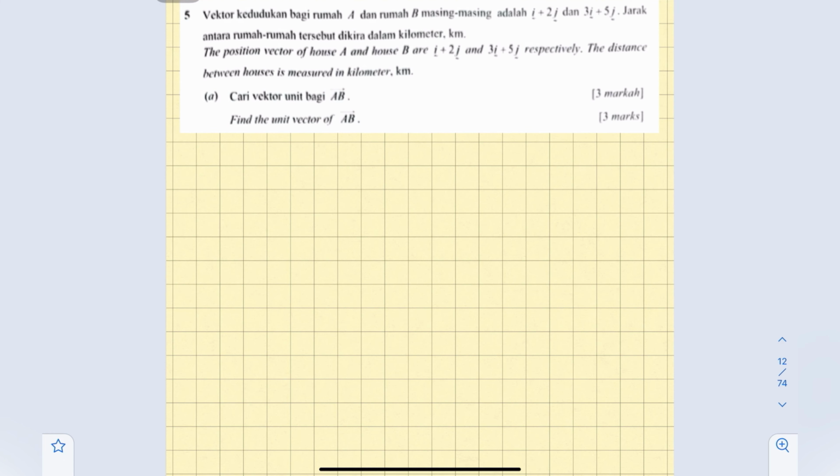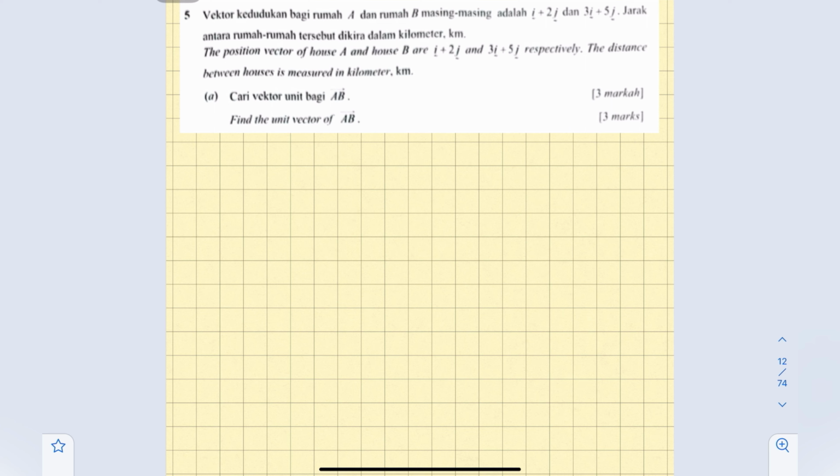Number 5, the position vectors of house A and house B are i plus 2j and 3i plus 5j respectively. The distance between houses is measured in kilometers. A, find the unit vector of vector AB.